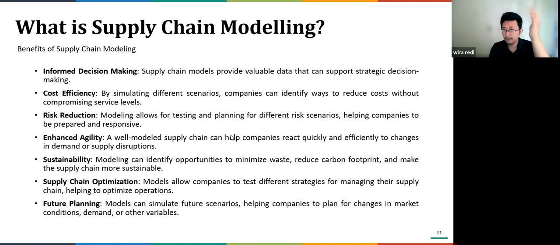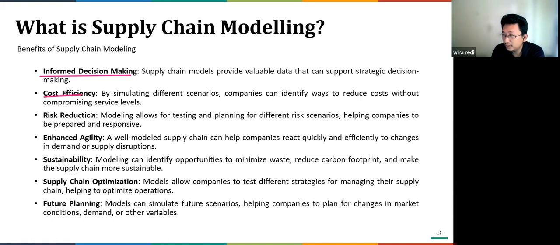Previously we talked about the importance of supply chains. Now we talk about the benefits you can expect if you have good supply chain models. You can make better informed decisions. Of course, before you make a decision, it's not always based on your gut, but if you have better analytical tool results, you can make better informed decisions.